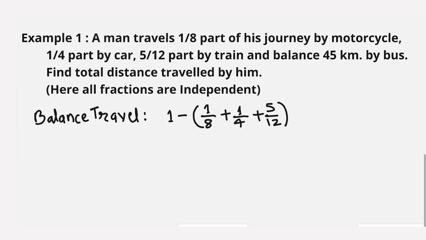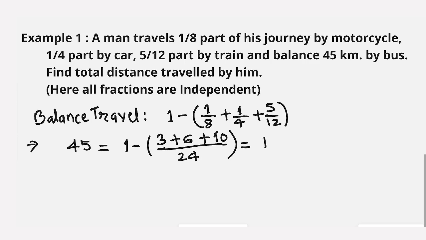So that is balance travel, and this is equal to 45 kilometers. Balance travel is equal to 1 minus the LCM of 8, 4 and 12, which is 24. 8 times 3 is 24, so we write 3, plus 4 times 6 is 24, so we write 6, plus 12 times 2 is 24, and 5 times 2 is 10.